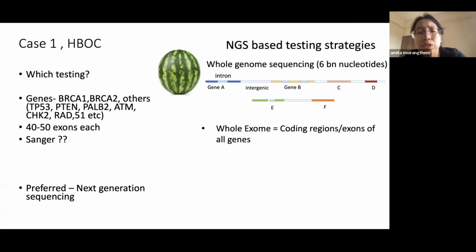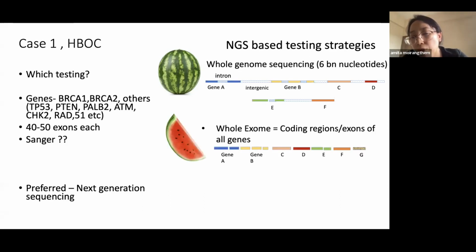Then we have something known as whole exome sequencing, where only the coding regions or the exons of the genes are sequenced. Here, if we look at the diagram, the colored parts are the coding regions and the shaded regions are the known coding regions. So in exome, we extract the coding parts of the genes and sequence only those parts. This comprises only about 1 to 2% of the whole genome.